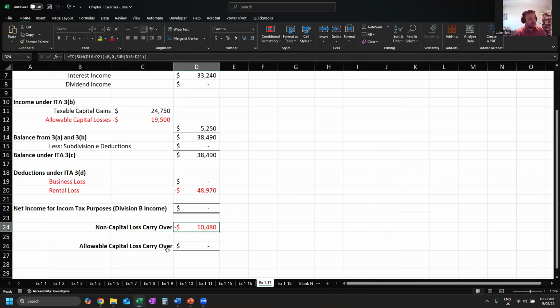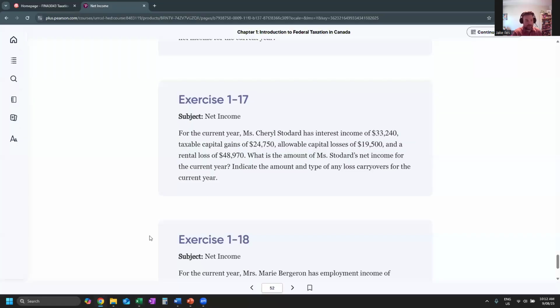The reason we differentiate between capital loss and non-capital is because capital losses can only apply against taxable capital gains. So this number has to wait until we have capital gains in the future to subtract it. This number can subtract against any income we have next year. So we had overall a loss this year, so we have a non-capital loss carryover of 10,480.